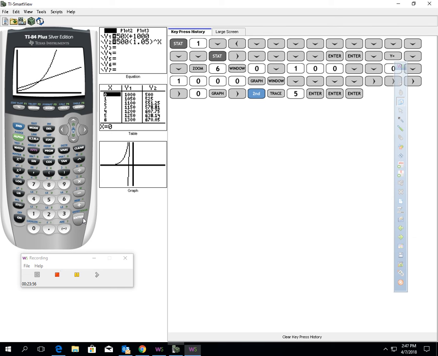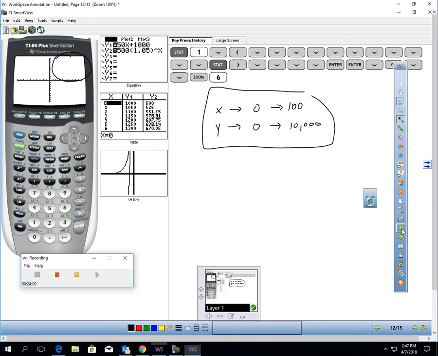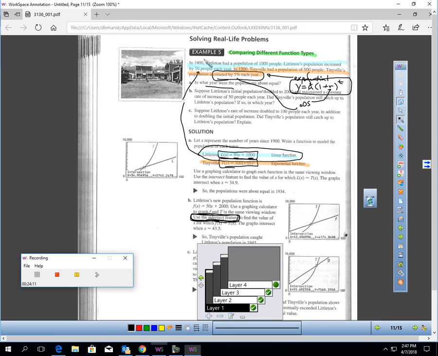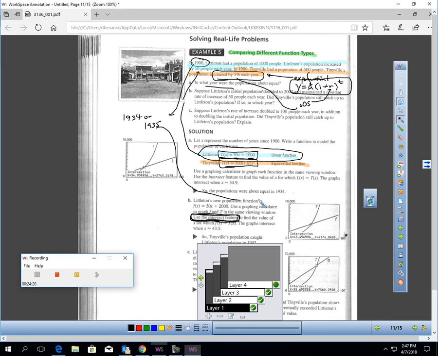Okay, so according to this, in a little bit more than 34 years, the two towns will have the same population. So when you look at the information in the book, this started in 1900, so it's in about the year 1934 or 1935 when these two towns would have had the same population.